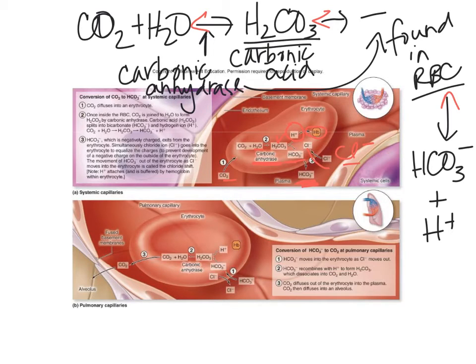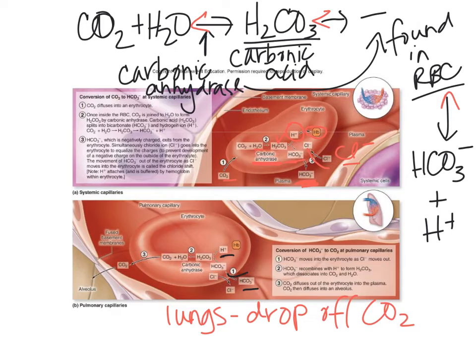Now if we're at the lungs, and we're going to drop off CO2, we need to get it out of the blood. So what will happen is the bicarbonate enters the cell, and it combines with the hydrogen ions. We're going to do another chloride shift, we'll get rid of the chloride to neutralize the charge difference. So hydrogen ion and HCO3 come together.